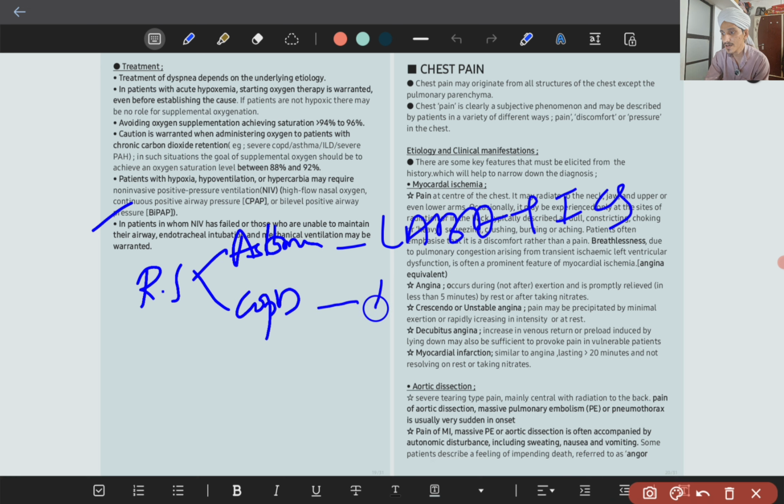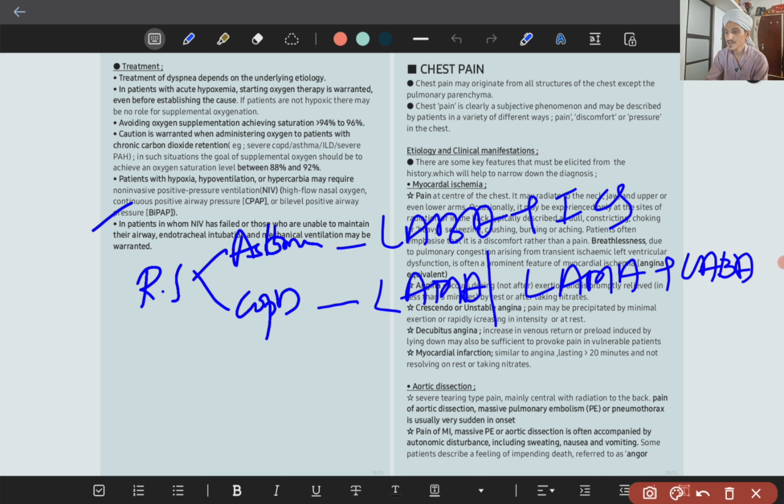If you are giving monotherapy, then it is LAMA, and if you are giving dual therapy, that is LAMA plus LABA, long acting muscarinic antagonist with long acting beta agonist. That is the first line treatment.